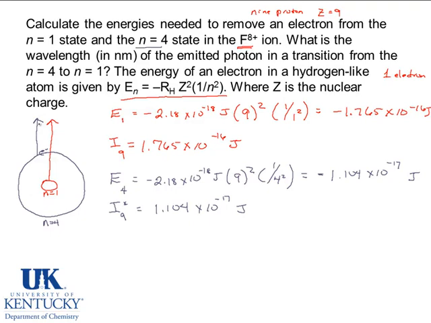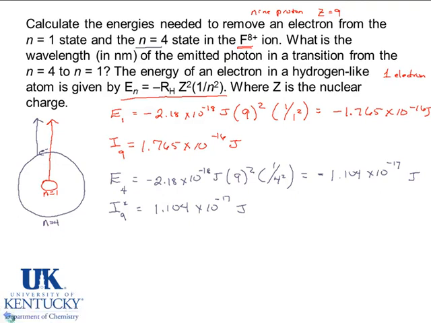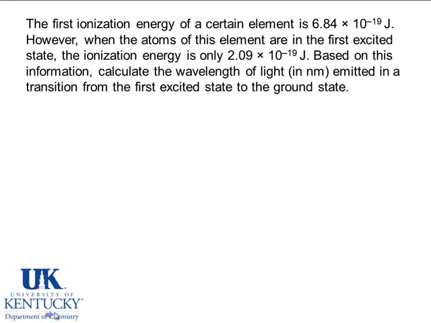Now let's read what it's asking. What is the wavelength in nanometers of the emitted photon in a transition from the n equals 4 to the n equals 1 state? Before we can determine the wavelength, we need to know the energy of the photon. We need to know the change in energy of the electron. Let's use another color here.